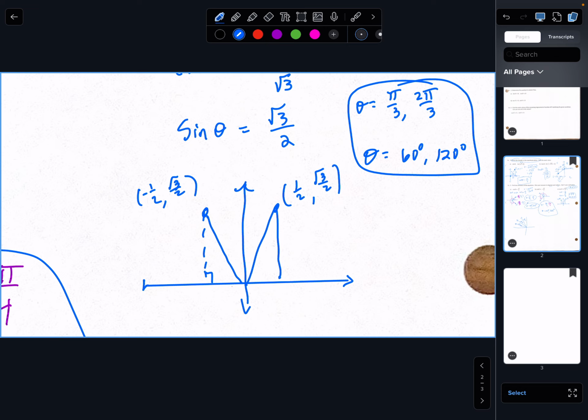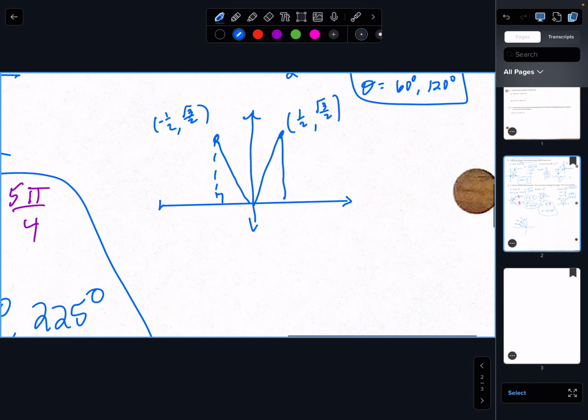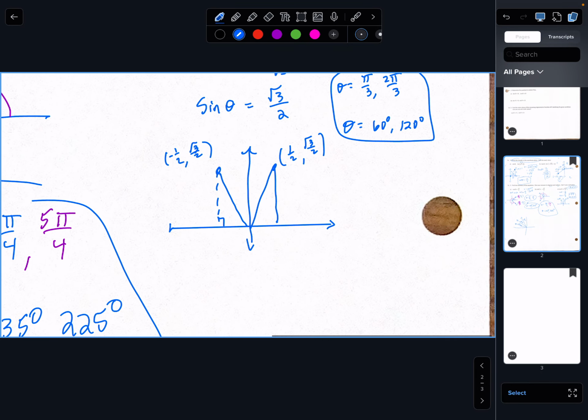I just want to mention one other kind of problem. I'll leave that up because I can see some of you are working on it. What if I asked you to evaluate the secant of negative pi? Without a calculator, do you have your process down?